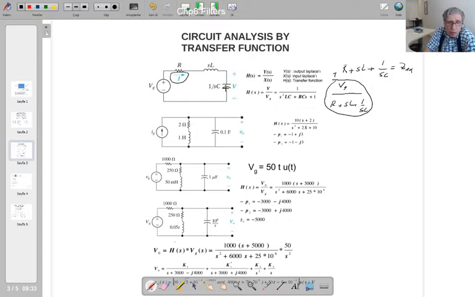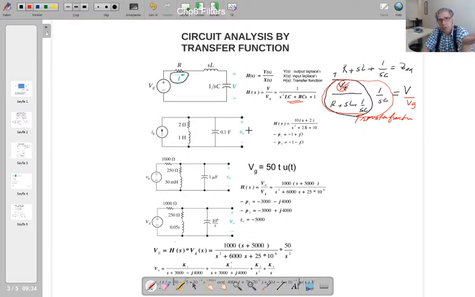If I multiply the capacitor current by its impedance, which is 1 over SC, I'm going to get the V output value. And then if you move this to here, it becomes the transfer function. So that is the transfer function.